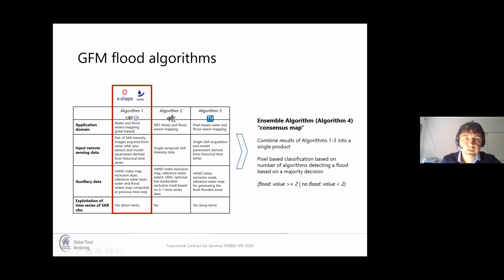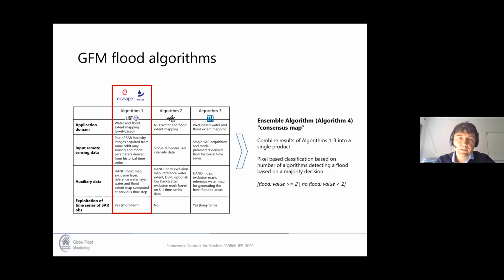So there's our eShape algorithm that is based on the detection of changes between 2 subsequent image acquisitions. And we also have an algorithm from the DLR in the loop that maps all flood water using just one image. And there is a third algorithm from the TU Vienna that is based on time series analysis.